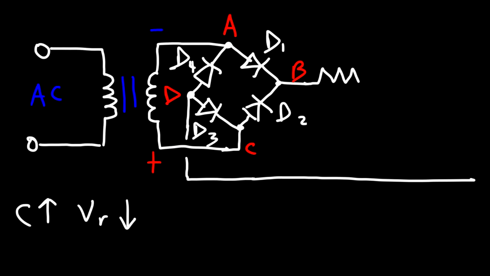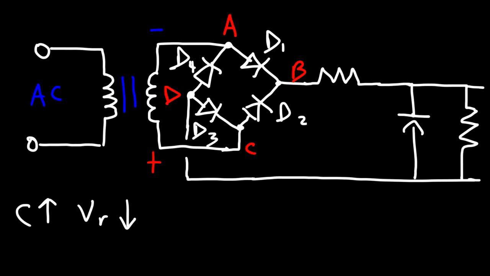So here is the series limiting resistor, and then here we have our capacitor and also the load resistance. So let's call this C, RL, and this will be RS. So by adding RS, we can limit the amount of current that will flow through the diodes.